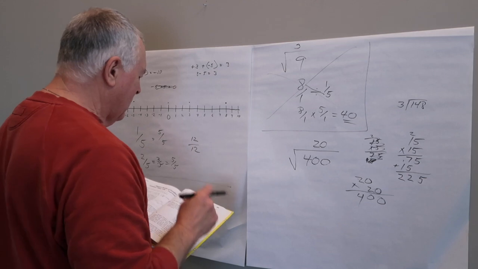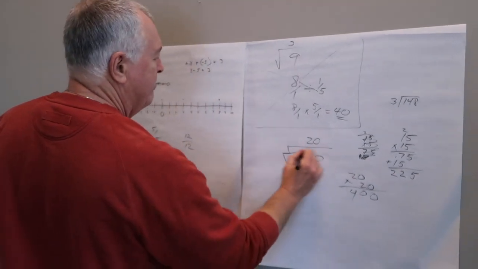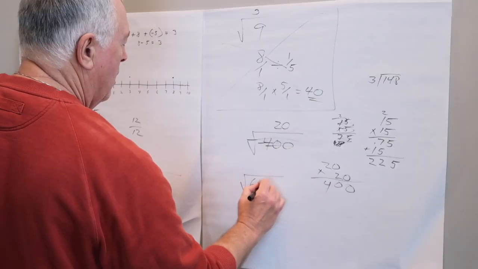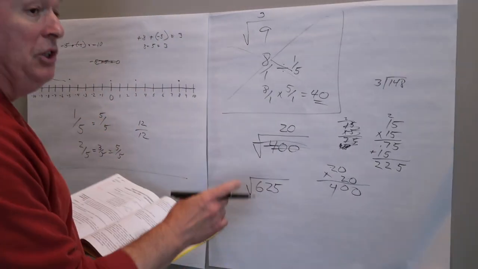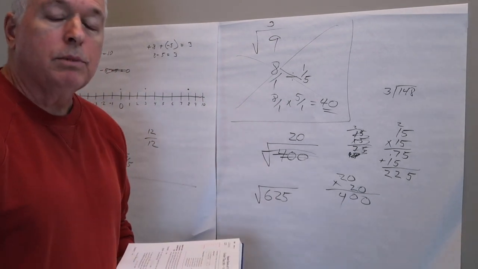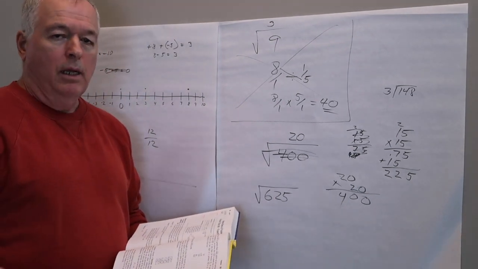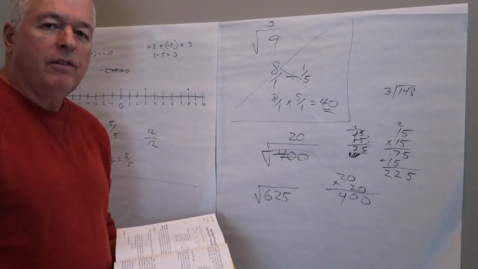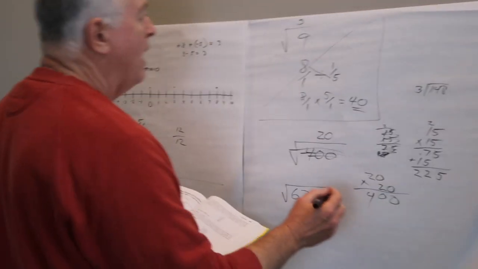All right, what if you get something a little weird like 625? Well, having just done this problem, you know that it's going to be more than 20, but you don't know how much more than 20. So I would usually just do 5 increments. So I'm going to do 25 times 25.